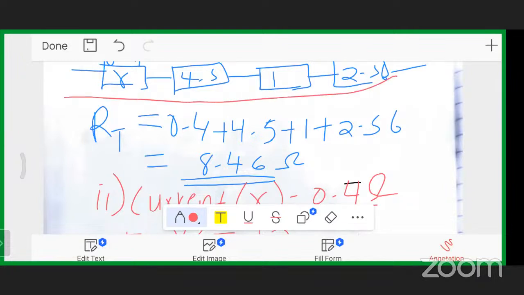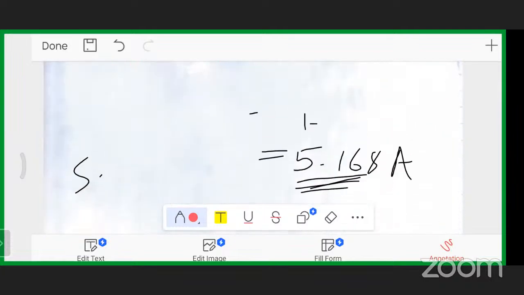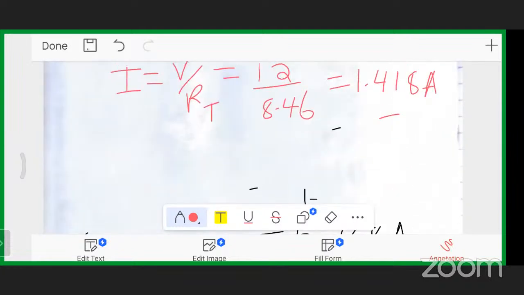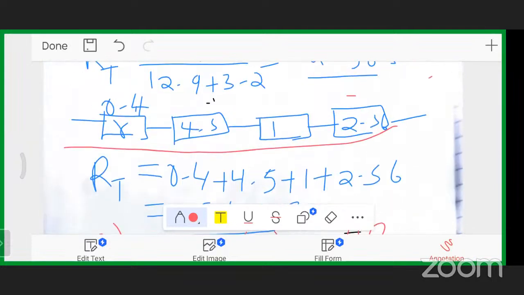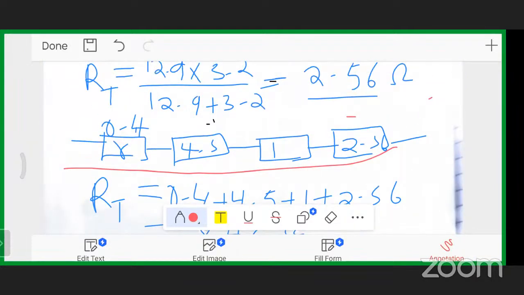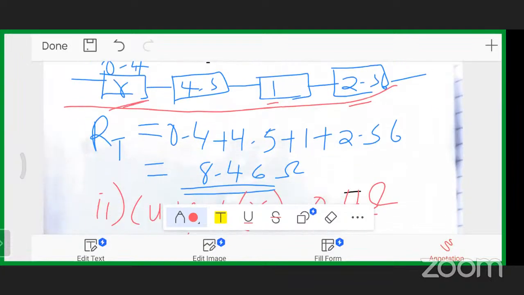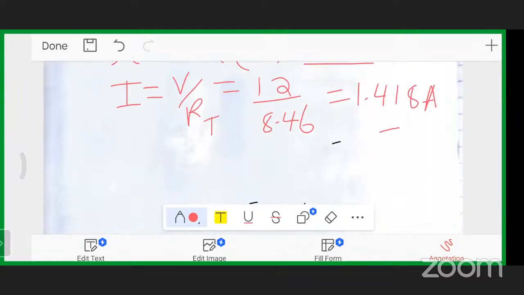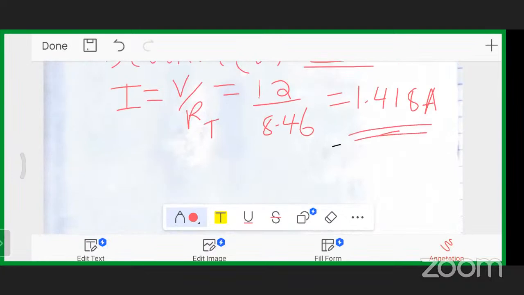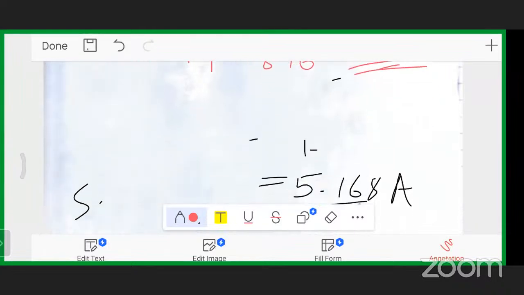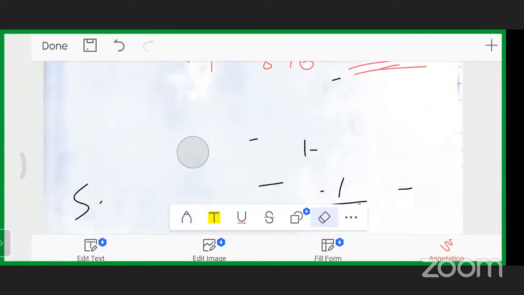So that current of 1.418 will pass through the R, 4.5, 1 and 2.56. So the current through the resistor R is simply this. This is the answer, 1.418 amps. That's the current passing through the internal resistance of the cell, that is R.